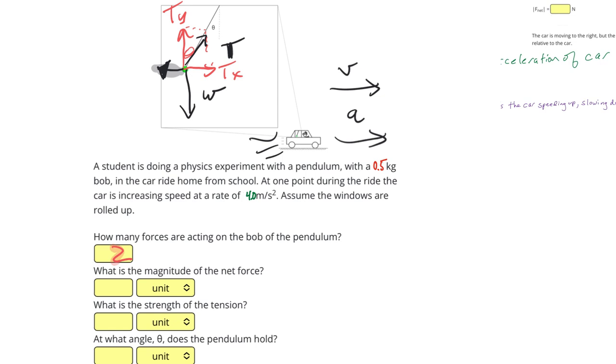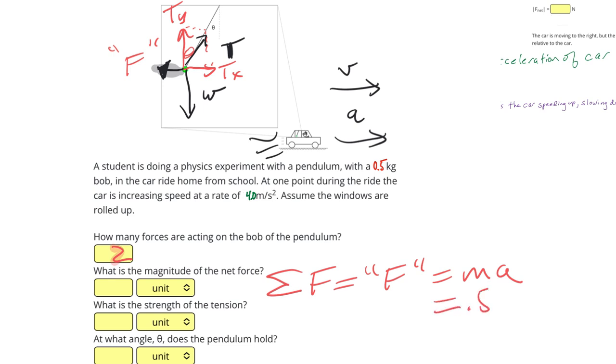Well, net force is equal to, I'll put this as the apparent force in quotes. So it's equal to that. It's equal to mass times a. Second law: 0.5 times 4, because that's the acceleration of the car. So that would be 2 newtons.